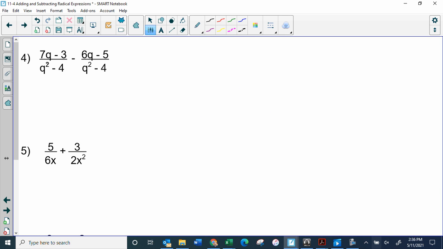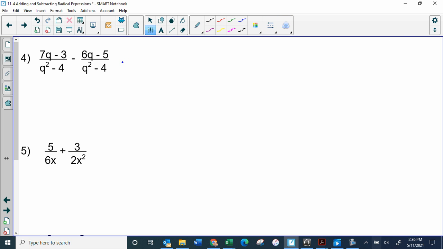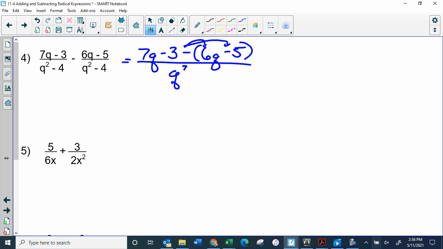Okay, so these have a common denominator still, so we don't have to do as much work here. So again, this minus sign, let me just write it out so that you follow what I'm doing. 7q minus 3 minus 6q minus 5. So I'm going to have to distribute that minus sign into here, and that's all over q squared minus 4.